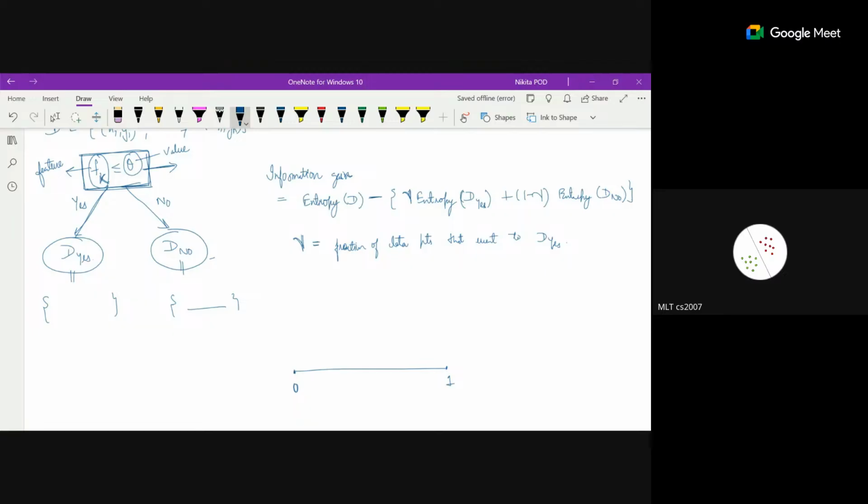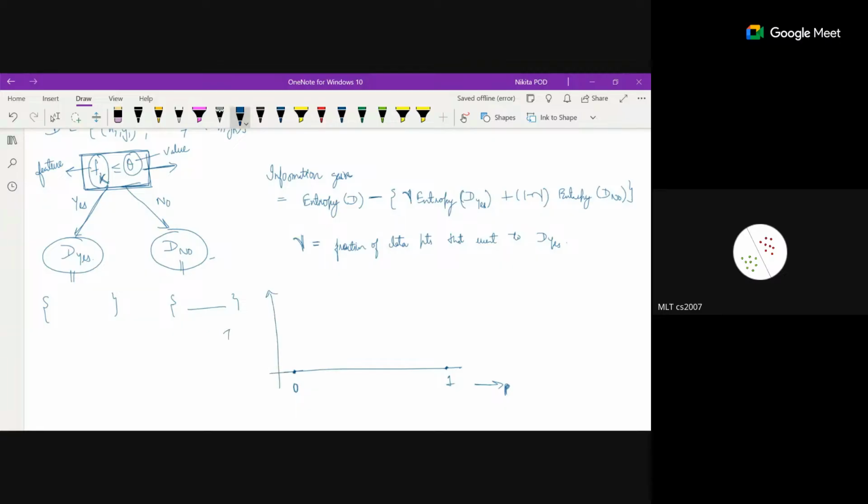What I mean by zero and one here is that if you ask this question and it splits the data set in such a way that everything falls into the same DS or D no with the same label, then the p here, that is the probability, the fraction of one that you have in the data set or the fraction of zero, is zero or one, and the impurity is going to be zero.